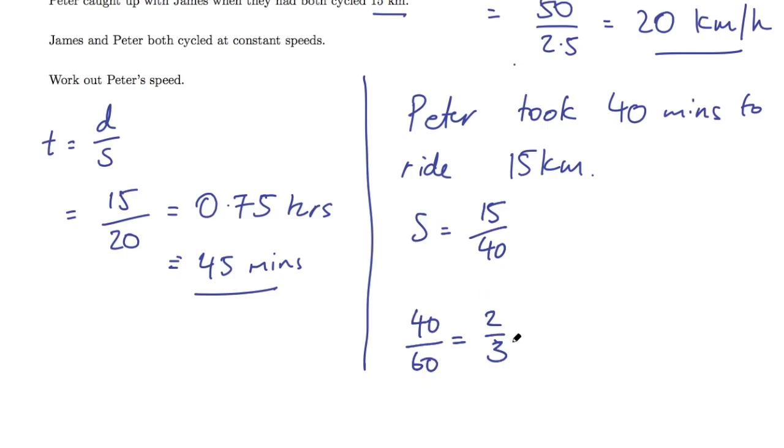So 40 minutes is 2/3 of an hour. So this becomes 15 over 2/3, which becomes 45 over 2. Remember, if you divide by a fraction, you flip it and multiply. And then I can do 45 divided by 2 in my head easily enough, which is 22.5.